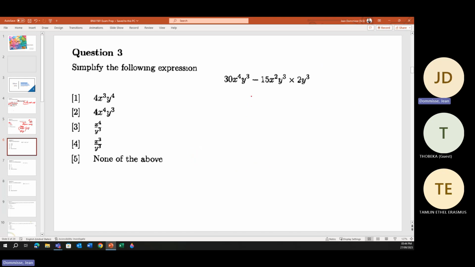Okay, so another expression. You can definitely expect a few of these in your exam, but please, if you have exam papers that you want me to go through, please send them to me.